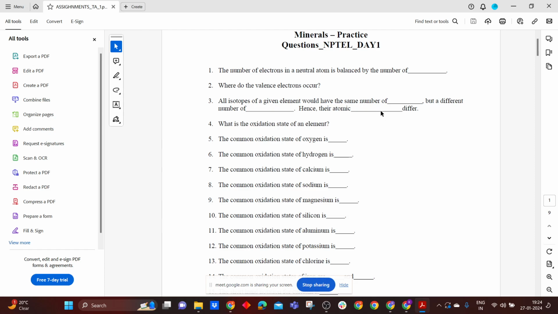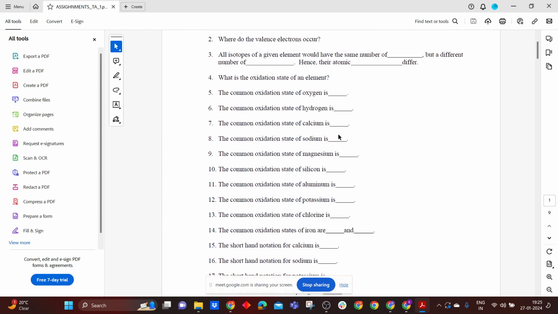Okay, so what will be the common oxidation state of oxygen? -2, yes. And the common oxidation state of hydrogen is +1, and also -1. Why -1? +1 for hydrogen and -1 for hydride.